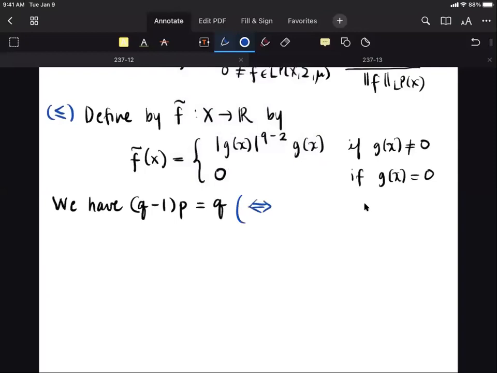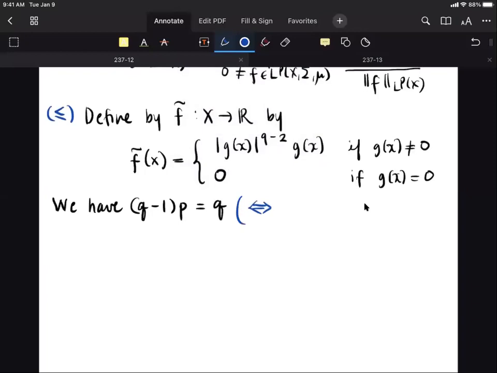You can see this is equivalent to dividing by p, and then dividing by q both sides, you end up with 1 minus 1 over q equal to 1 over p. This is valid because p and q are dual to each other.